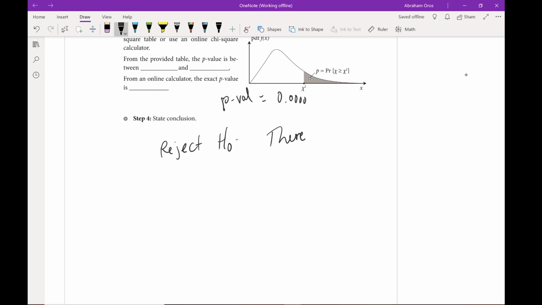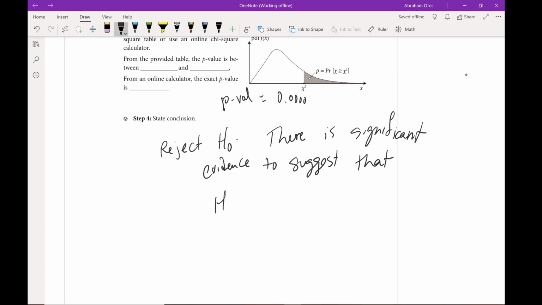It also tells us to say there is significant evidence to suggest that heart disease and snoring are related. Voila. We're done. That's it. That's all there was to that.